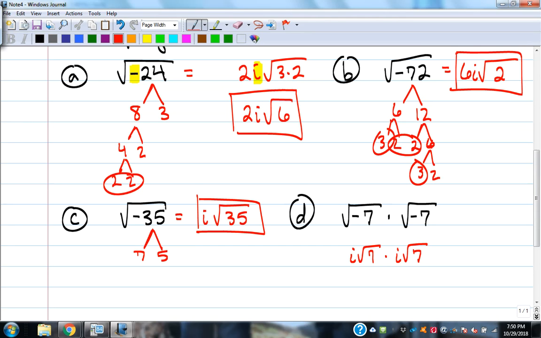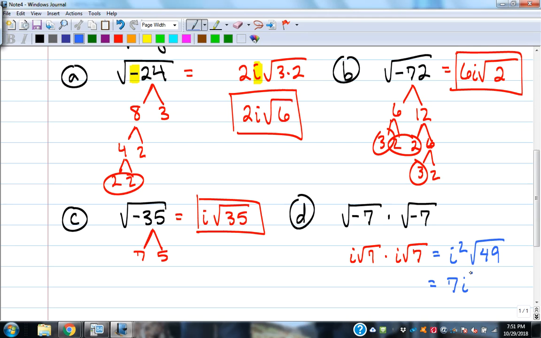It's important that you do that because if you don't, then when you multiply it, you lose that complex part. What's i times i? i squared, right? What's the square root of 7 times the square root of 7? Square root of 49, right? What's the square root of 49? 7.